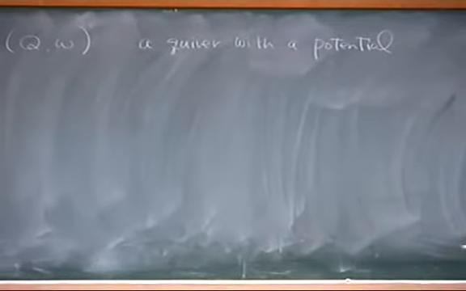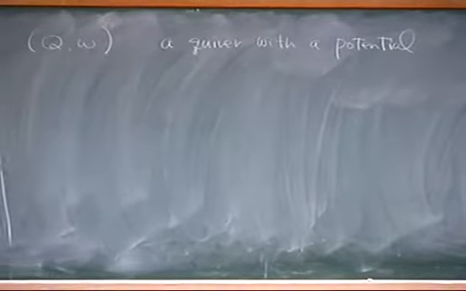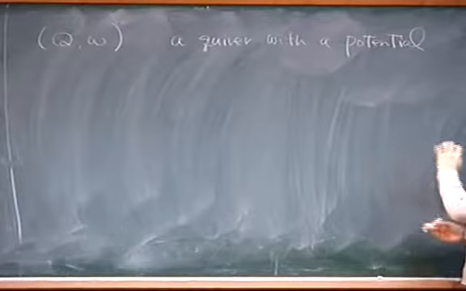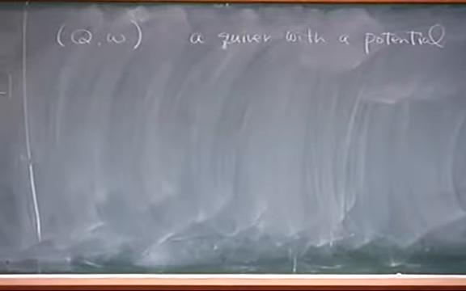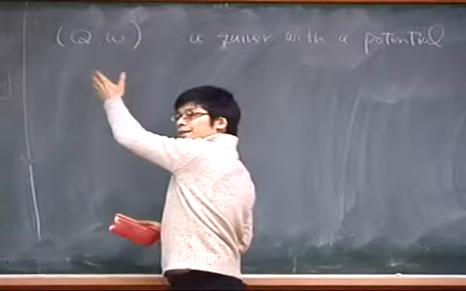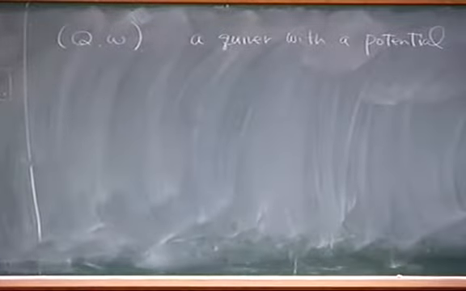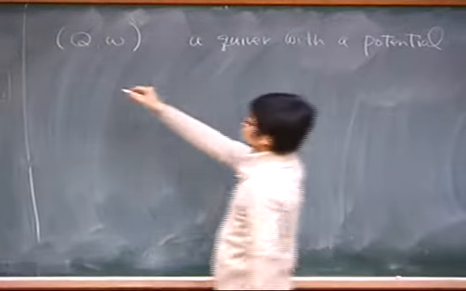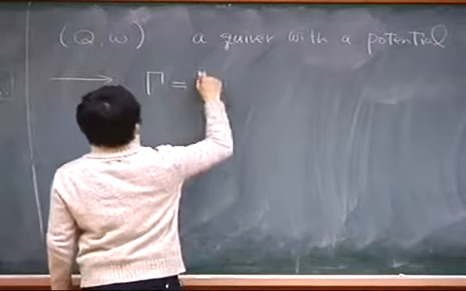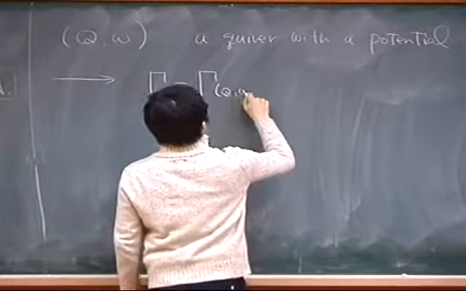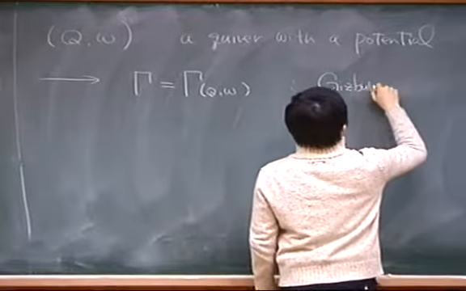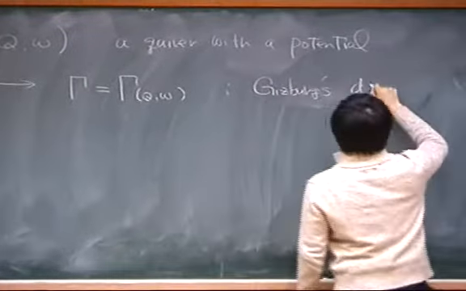I don't want to explain what the potential is, but a quiver is just a directed graph, and the potential is a kind of additional information. Given a quiver and this additional information, we can construct gamma, the so-called Ginzburg DG algebra.